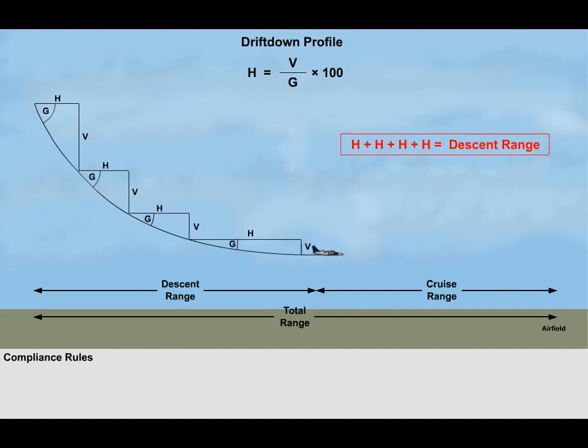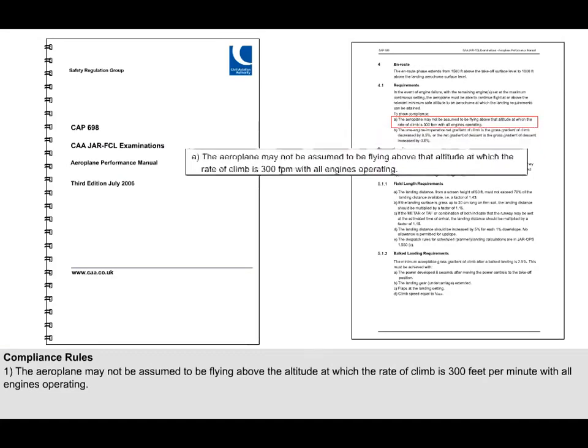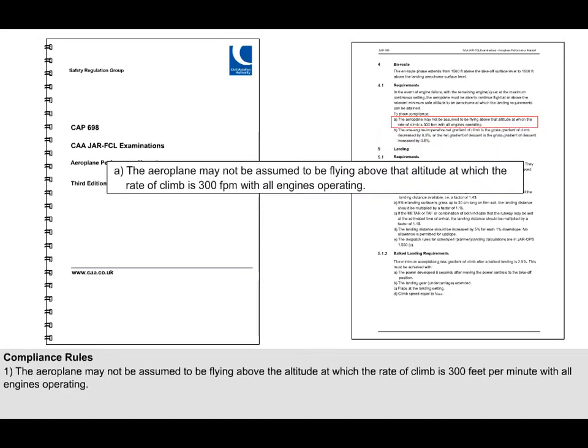Herein lie the compliance rules, because the compliance rules relate to how that descent range is calculated. The first compliance rule states that the aeroplane may not be assumed to be flying above the altitude at which the rate of climb is 300 feet per minute with all engines operating.